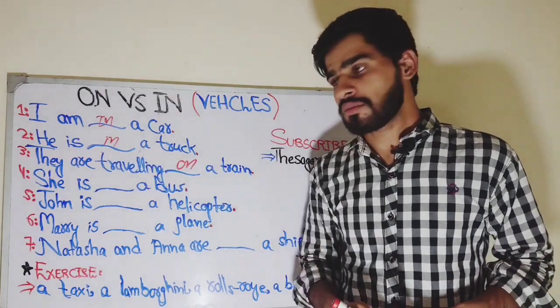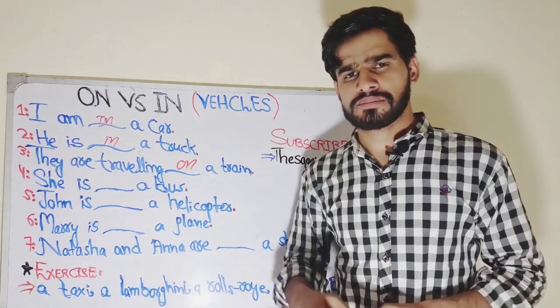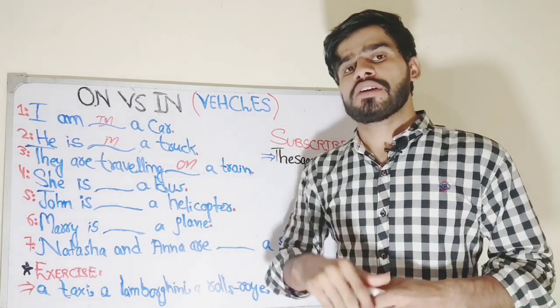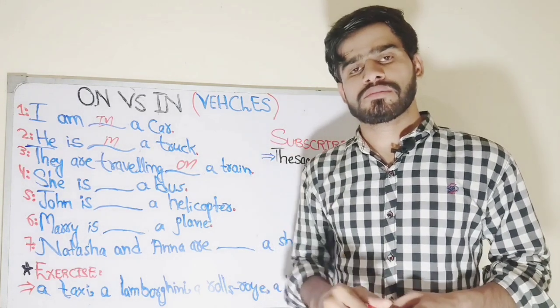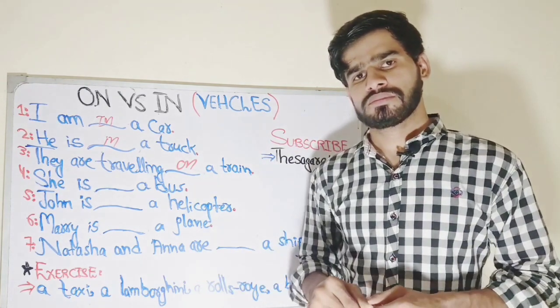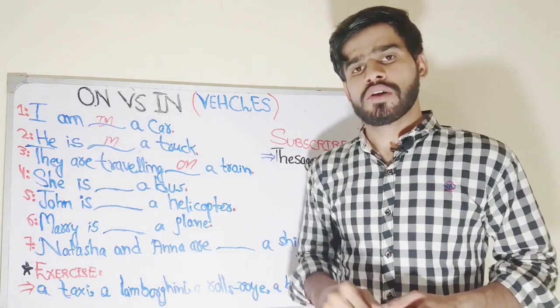Next one, she is dash a bus. Take the example: whenever you travel in a bus, could you walk in a bus? The answer is yes, we can walk in a bus.